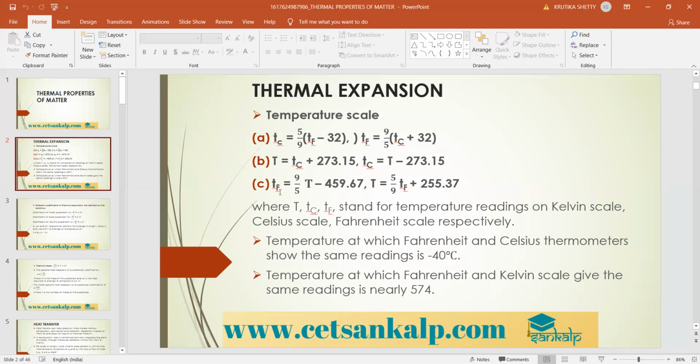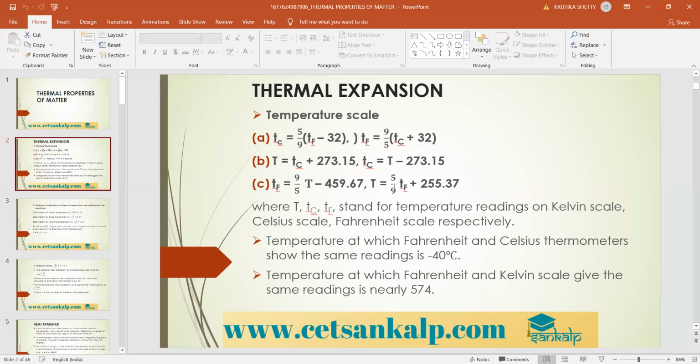Then we have the third formula: Tf, the temperature in Fahrenheit scale, is equal to 9 by 5 T minus 459.67. This is the conversion from the Kelvin scale into the Fahrenheit scale. Similarly, vice versa, if we have the temperature in Fahrenheit, how to convert it into the Kelvin scale?